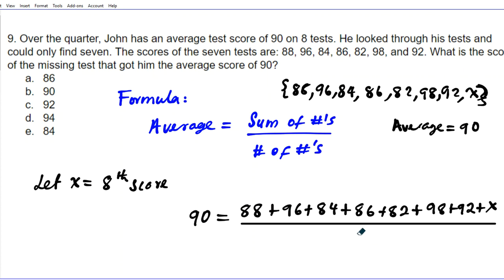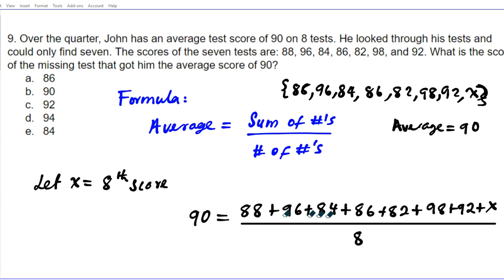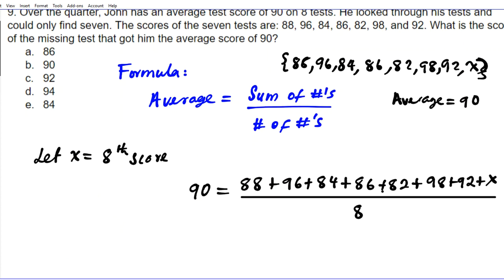A total of 8. If you add up all these numbers with your calculator, you'll end up with 626. So 90 equals 626 plus the last number divided by 8.